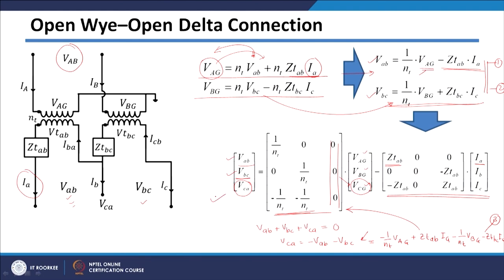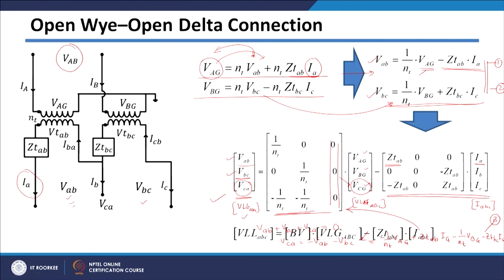Now if you observe this equation, here we are getting line to line voltages. So I can write this is VLL ABC, this is okay. Here we are getting VLN or VLG capital ABC, this is okay, and here we are getting line currents, so small abc. So here we need to convert this line to line into line to neutral voltages.